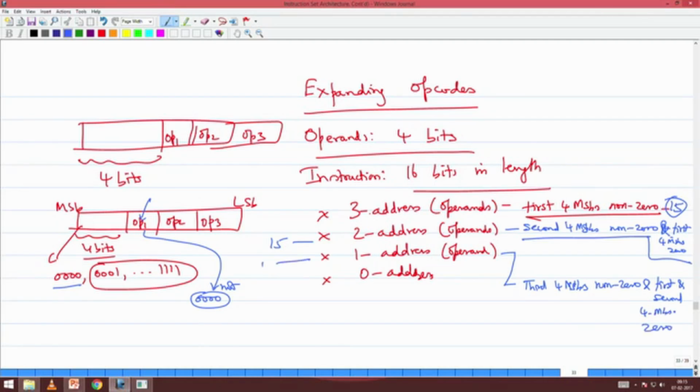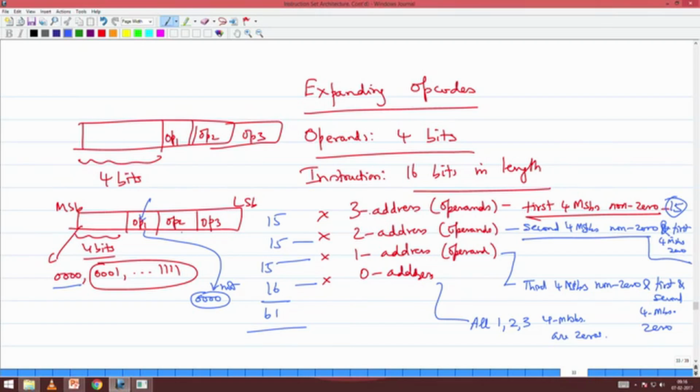So I could have 15 of this, okay, and 0 addresses, all first, second and third 4 most significant bits are zeros. So everything is 0, then this is 16 0 address instructions. So I could totally have 45 plus 16, 61 instructions. Are you able to follow?